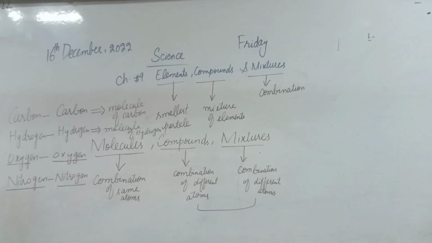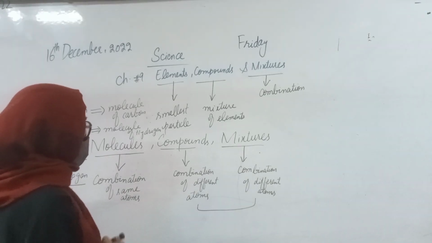In other words, molecules are the combination of same type atoms. Carbon, carbon, same carbon molecule. Hydrogen, hydrogen, same atoms, they combine and make a molecule. Okay? Now, our next concept is compound.